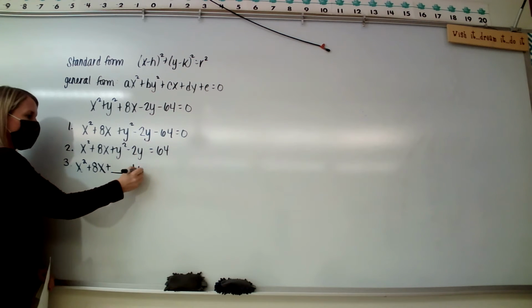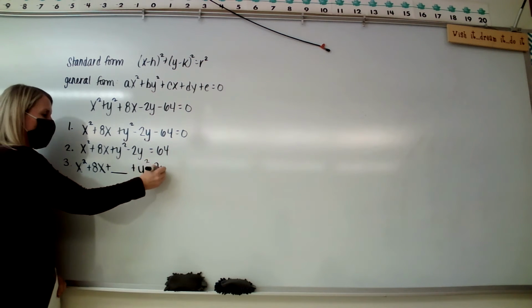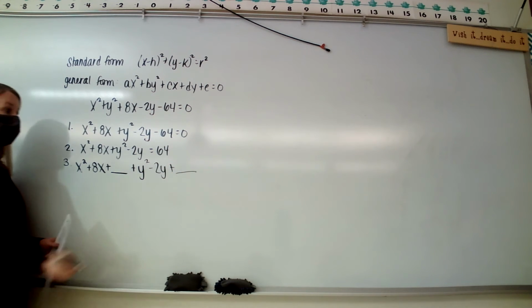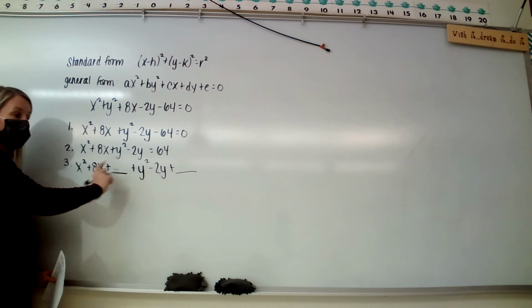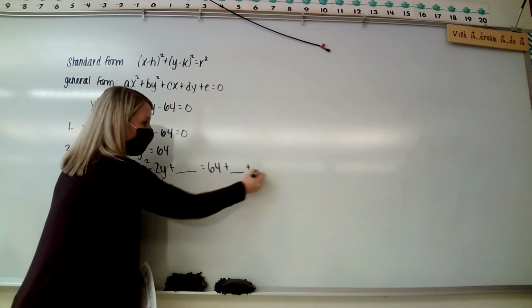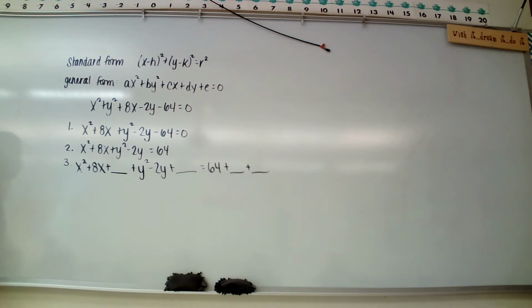And then we're going to have plus y squared minus 2y plus blank. And on the right side, since you added 2 blanks to the left side, you're going to have plus blank plus blank. So I add those blank spots in. We're going to complete the square.